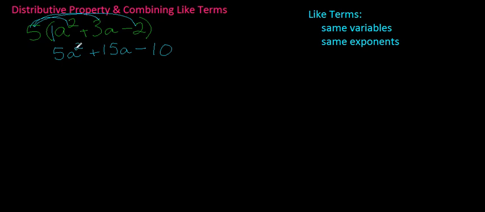So 5a squared has an exponent of 2, and 15a, if you recall, if there is no exponent, then it's 1, has an exponent of 1. So these are not like terms. There is nothing in this expression right here that we can combine together because there are no like terms.